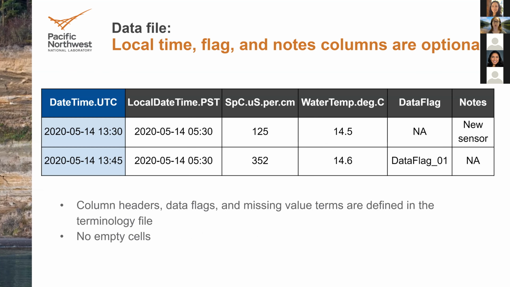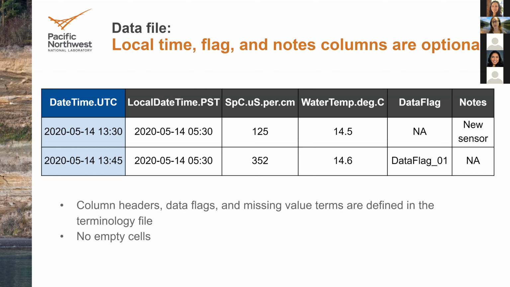For the optional fields, so for these slides, the required fields will be shaded when we get to the optional fields. So shaded in blue, we have the date time in UTC. And then the optional fields, optional is having a local date time column. So if they want to keep with our standard and have the UTC timestamp, they can also still have their local time if that's helpful for them.